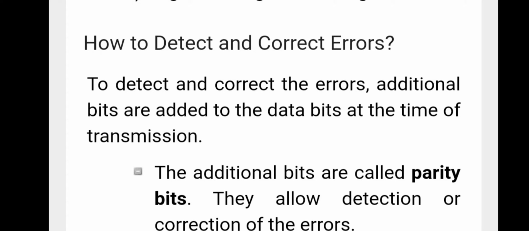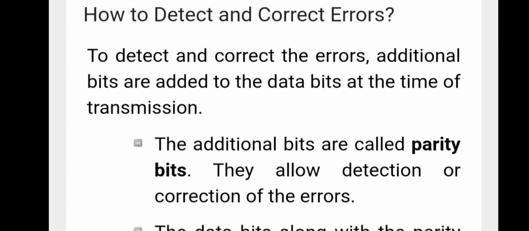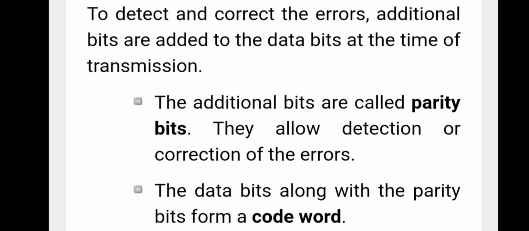During transmission, we add these additional bits. The additional bits are called parity bits. They allow detection or correction of the errors.